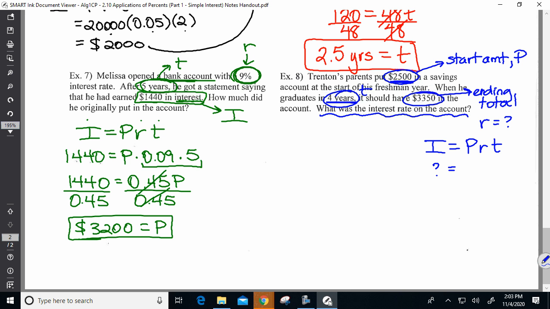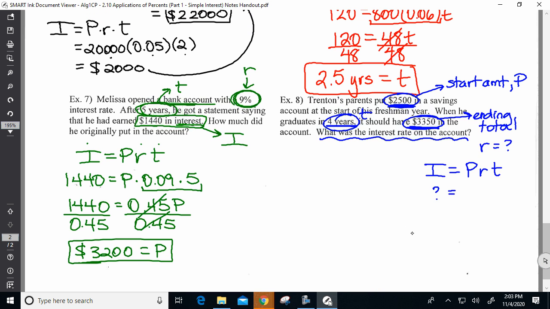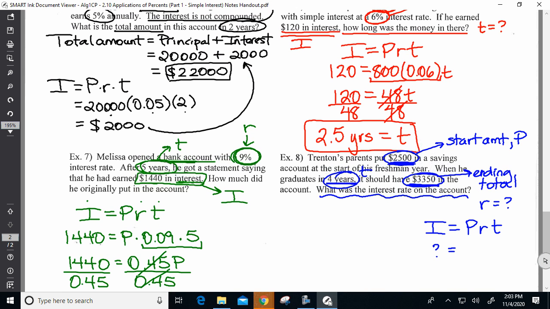So there's a way for us to find out how much interest he made. If you started with this and you're ending with this, there was a formula that we did in example 5 that allows you to answer that.